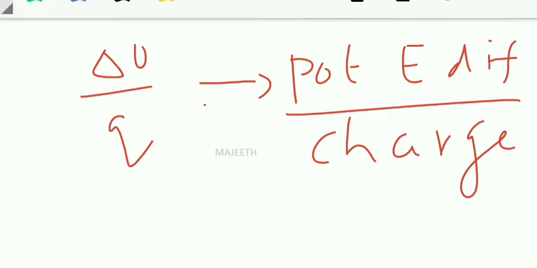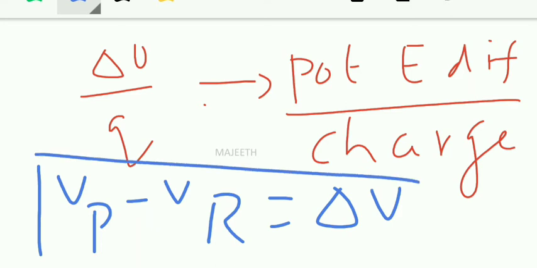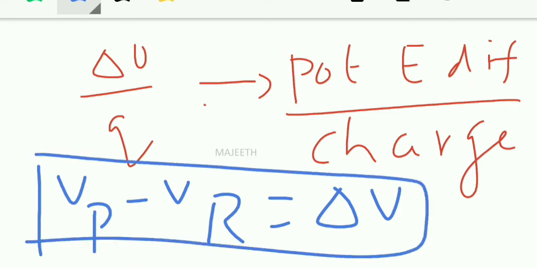So the potential difference between point P and R is given by Vp minus Vr, which is equal to del V. This is a very, very important equation. So the potential difference between point P and point R, how can I define it in terms of other parameters?